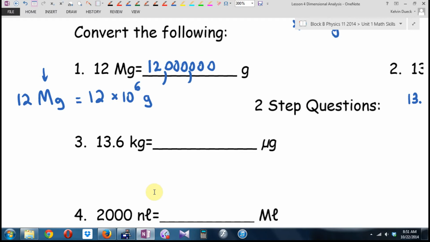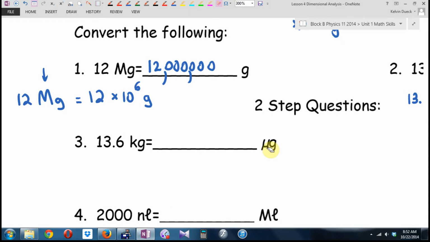So it wants me to change 13.6, what does a lowercase k stand for? Kilograms into, what does that funky symbol stand for? Micro. Okay, it's a Greek letter mu. Looks like this. Greek letter mu. For what it's worth.